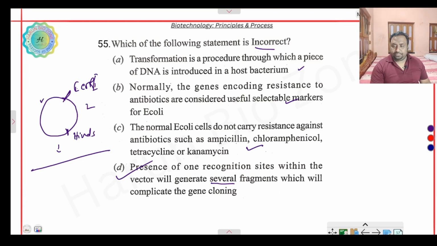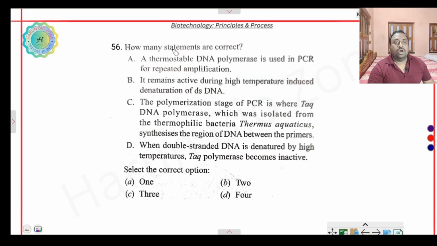Next option. How many statements are correct? A thermostable DNA polymerase is used in PCR for repeated amplification. The Taq polymerase. Clear? It remains active during the high temperature induced denaturation of double-stranded DNA up to 92 degrees centigrade.